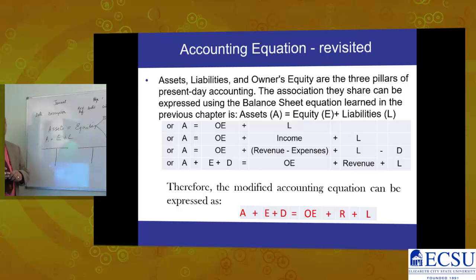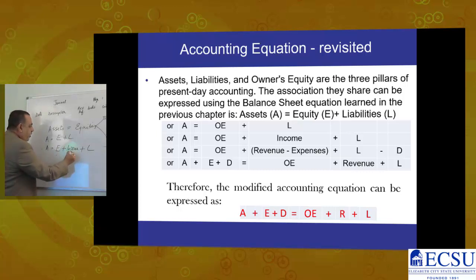Now, as the company grows, the company will start earning income. So therefore, it could be considered as asset is equal to equity plus income plus the liability. So now, what is income?